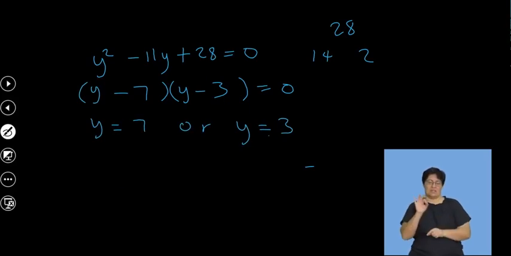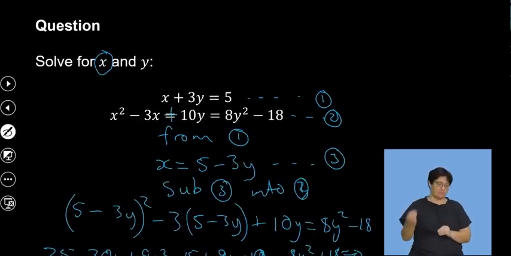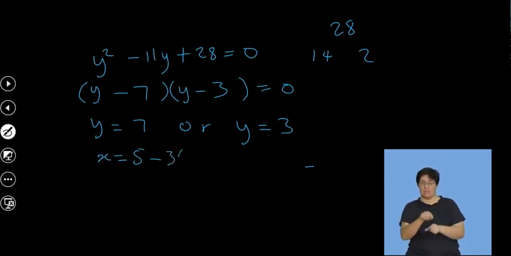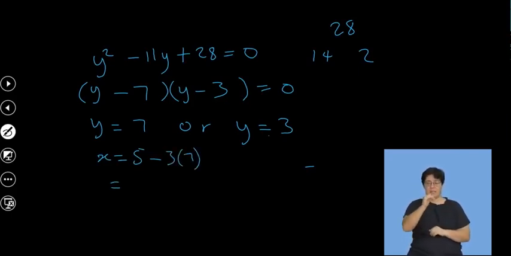And then substitute this into equation 3. Remember, our equation 3 was x equals 5 minus 3y. So x is equal to 5 minus 3 by 7, which will give me 5 minus 21, which will be negative 17.